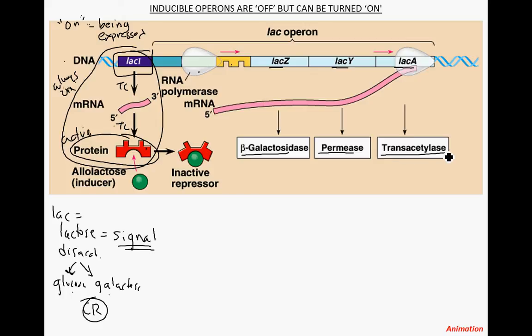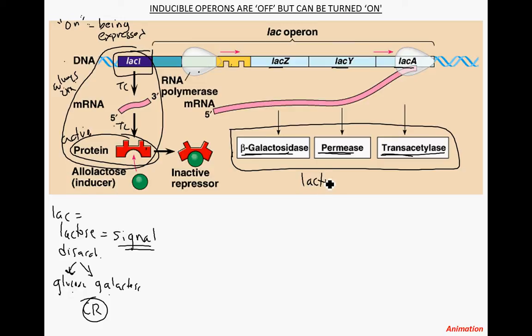Suffice it to say that you don't need to memorize the names of each of these, but beta-galactosidase, permease, and transacetylase will all play roles in breaking down lactose into glucose and galactose. Right? So the hydrolysis of lactose here is mediated by these enzymes and the taking up of that lactose, etc.